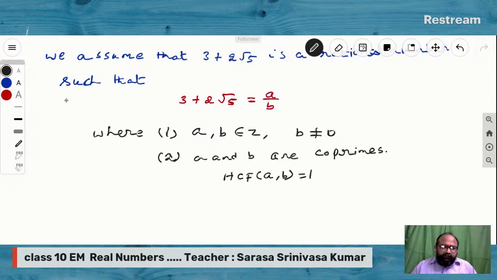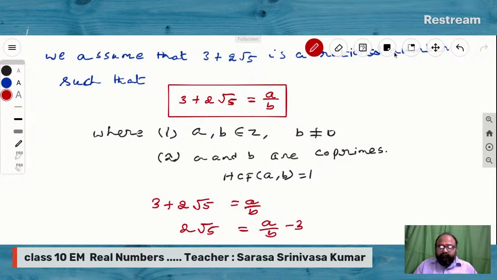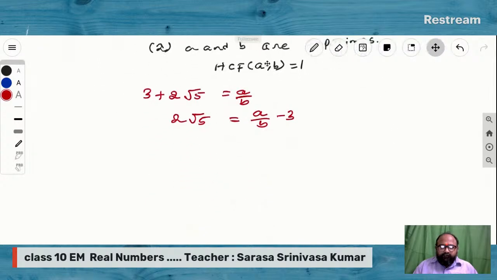Now by rearranging this, we get 3 plus 2 square root of 5 equal to a by b implies 2 square root of 5 equal to a by b minus 3.